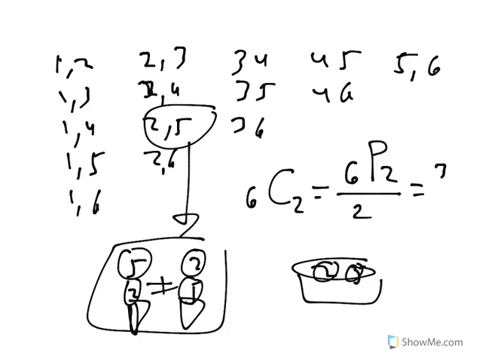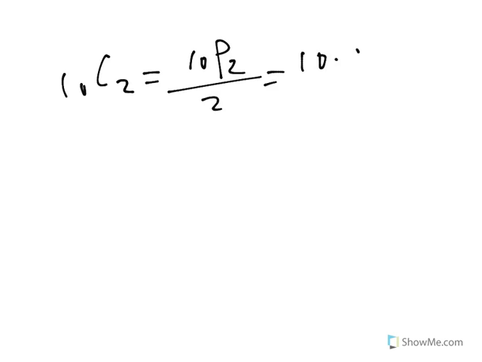So in this case, it was 30 over 2, which equals 15. And in general, 10C2, if I have 10 flavors, it's how many cones there are, and then divide that by 2. 10P2 is 10 times 9 over 2, equals 45.